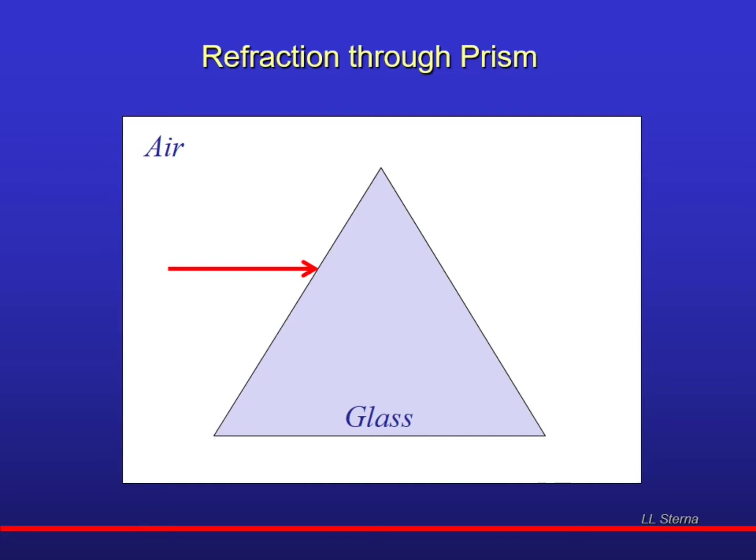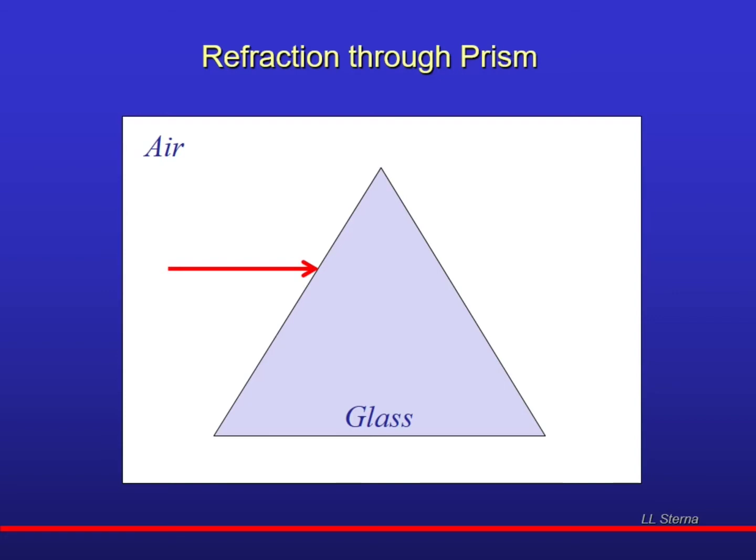Well, remember, we learned the law of refraction, Snell's law, and so on and so forth. But the key feature was when light crosses the boundary, if it slows down, the ray bends toward the normal.